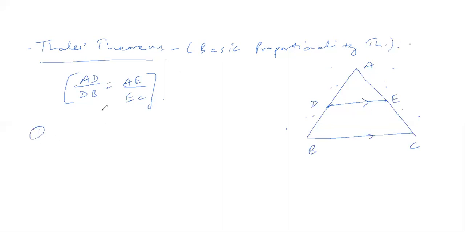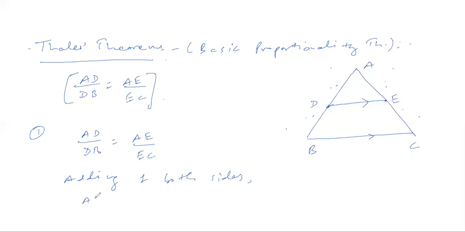So the first corollary can be, if the result given to us is AD upon DB equals AE upon EC, we add 1 to both sides. On adding 1 to both sides, what will you get?